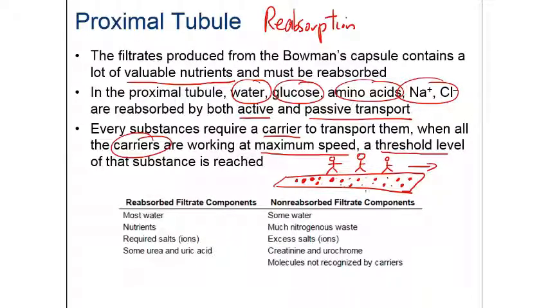So what I'm saying is, if you're trying to take back glucose, for example, right? So typically you can take back all the glucose that you want at the proximal tubule. However, if it's someone who has diabetes, for example, and then their blood glucose is really high, right? So these big red dots would be like the extra glucose, and all the workers, all the carriers that are supposed to be taking back the glucose are working at full speed already.